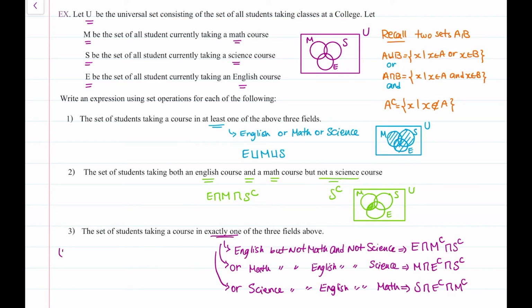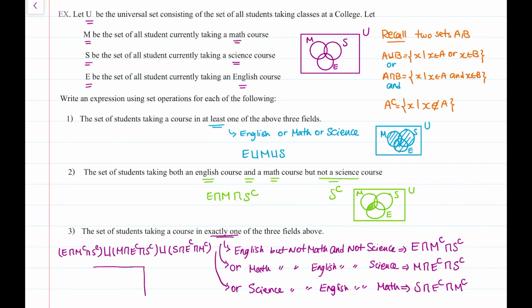It would be E intersection with M complement intersection with S complement, union M intersection with E complement intersection with S complement, union S intersection with E complement intersection with M complement.